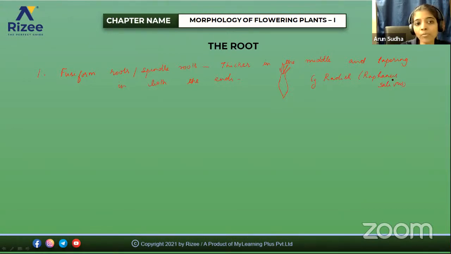In this type of root, it will be thicker in the middle and tapering at both ends. These are modified root forms, used as a storage form of food. Example: radish.